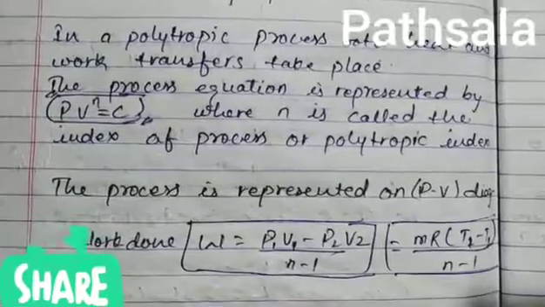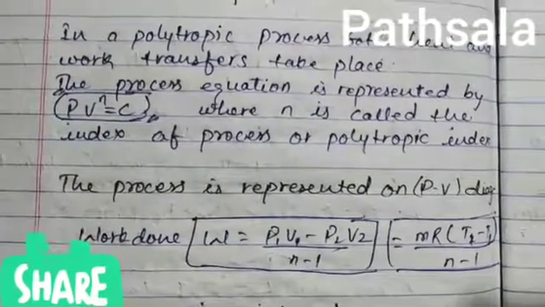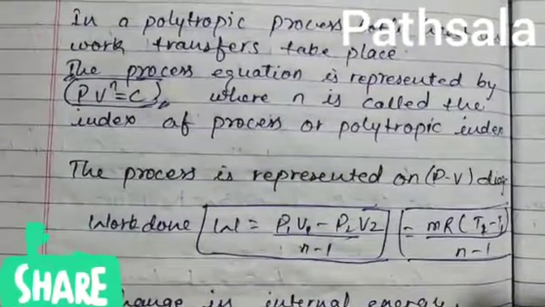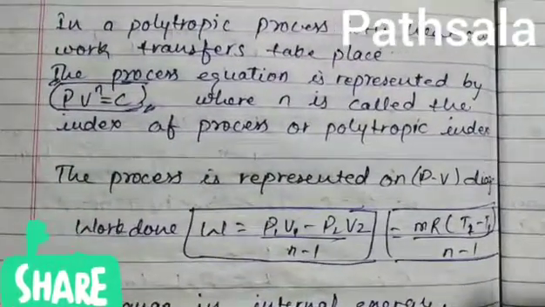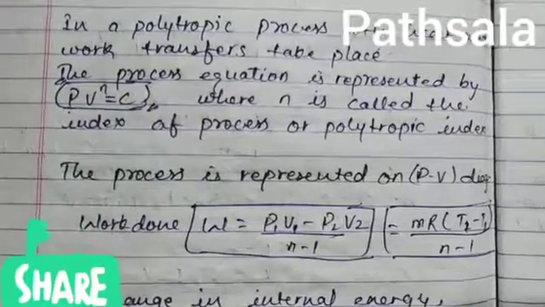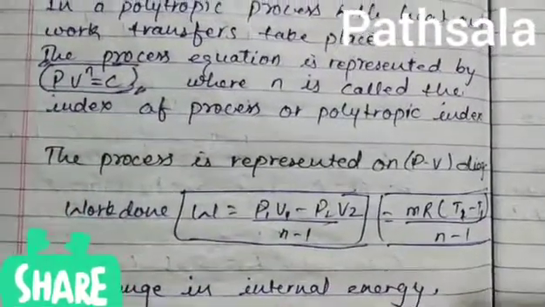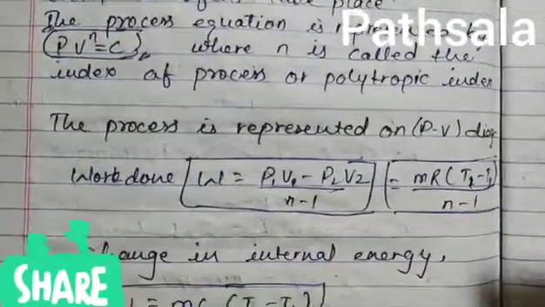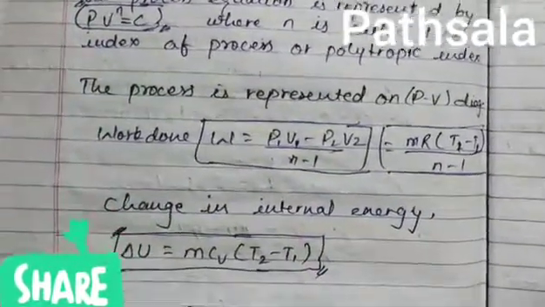The process is represented by the equation PV to the power n is equal to C, where n is called the index of the process, or polytropic index. That is, n is called the polytropic index. The process is represented on the PV diagram as shown in the figures.